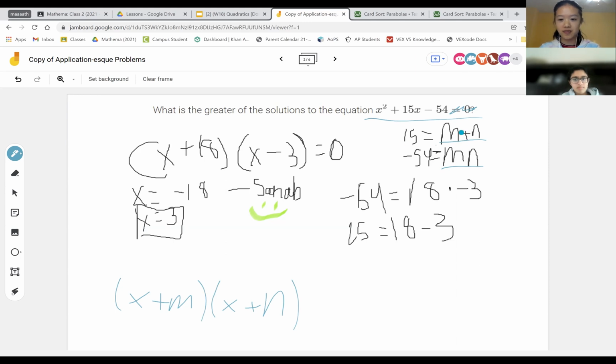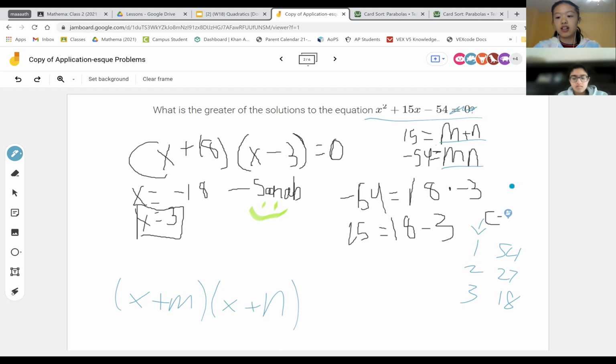So for that, I guess you could list out the factors of 54. I'm just going to list out the first 3. So 1 and 54, 2 and 27, and 3 and 18. From there, you notice that since they multiply to -54, one of these factors has to be negative.